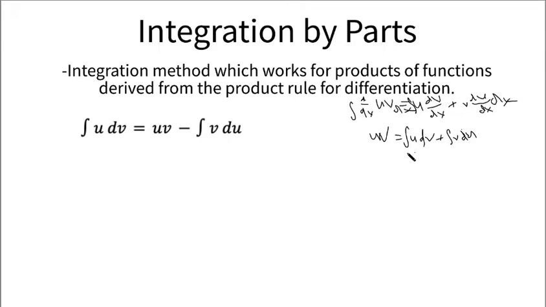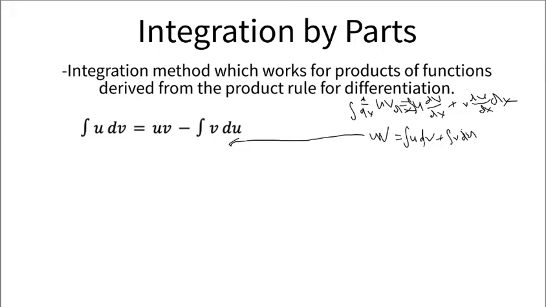Now if you bring uv to the right-hand side, flip the equation, and subtract the integral of v du from both sides, you get this equation, and that's the equation for integration by parts.